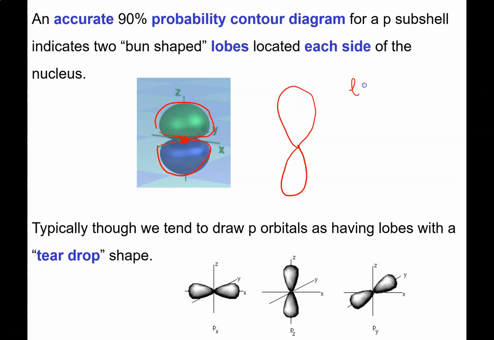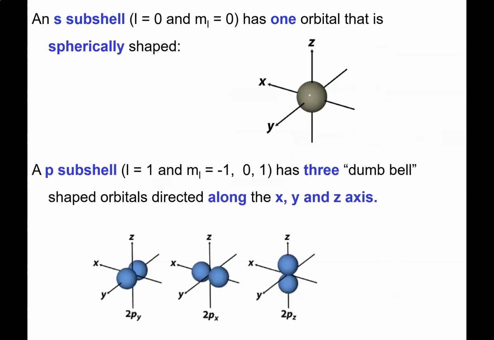Now, when l equals 1, that's the p subshell, ml equals minus 1, 0, and plus 1, and these ml values correspond to different orientations, to orbitals that are directed along the x, y, and z axis. So an s subshell has l equals 0 and ml equals 0.